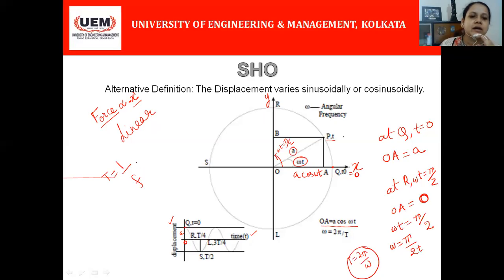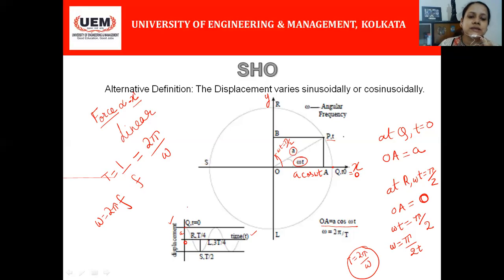And when we put in the relation between linear frequency and angular frequency, omega is equal to 2 pi f, we get that T is equal to 2 pi by omega. Okay.